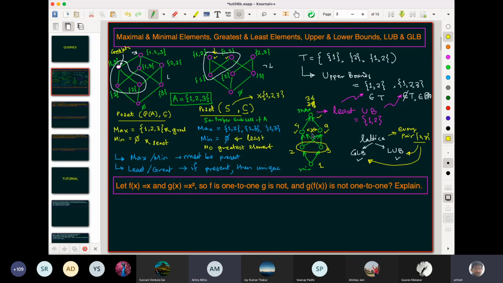Then you have an upper bound, but not a least upper bound. I just want to point out that you get two different ways to go through the maximum elements, and the two are not related.